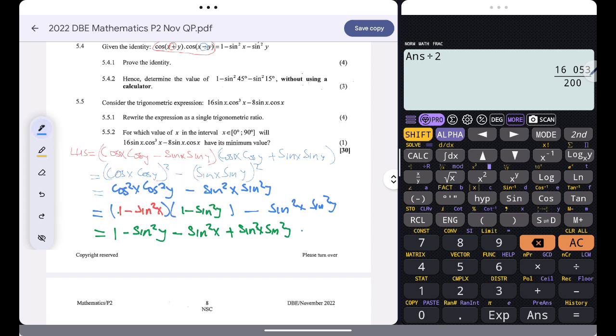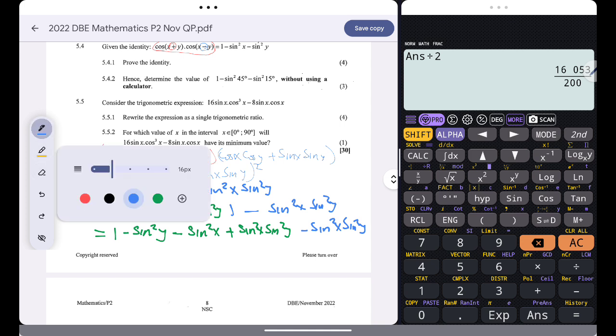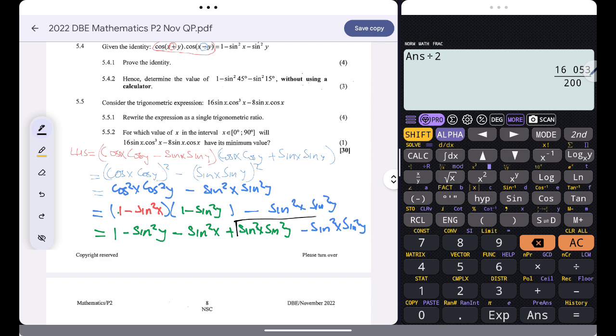But please remember that I still have negative sine squared x sine squared y. Does it make sense? So these two just subtract, and then I'll be left with 1 minus sine squared x minus sine squared y.